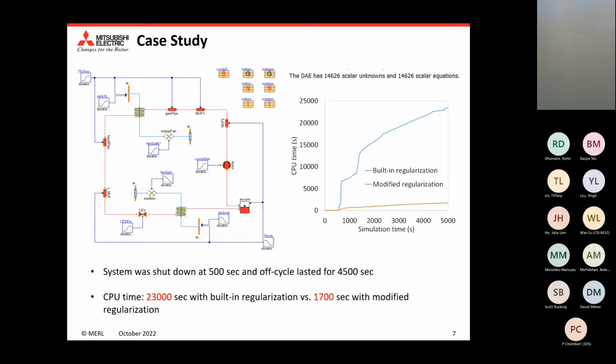So if we just use the built-in regularization, which approximates the pressure relation using a linear profile, we can see that this is very, very slow. It will take more than 7 hours to finish 5,000 seconds of simulation.